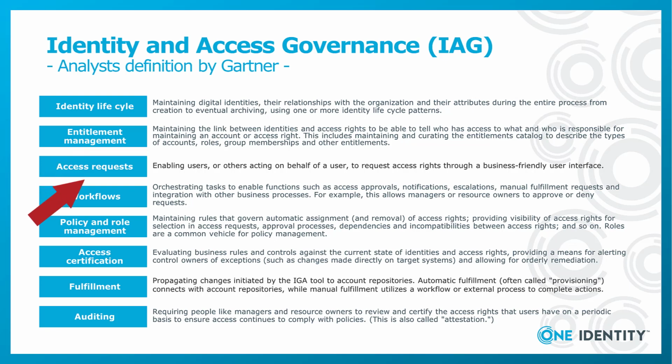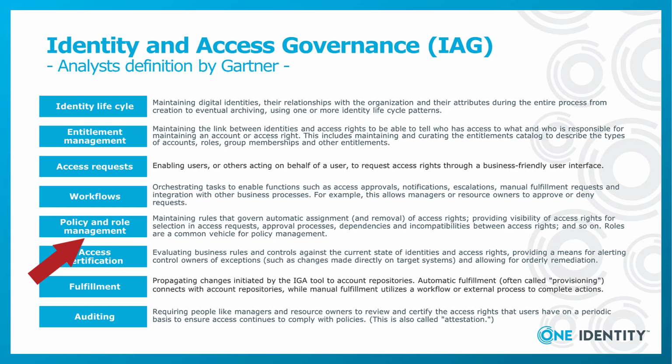Access request typically describes a user-friendly front end where business users can easily request more business resources if they need some. Workflow typically means that there is a type of process where, for example, approvals happen or notifications can be sent out, or at the end a reaction could be generated on the basis of a specific situation.